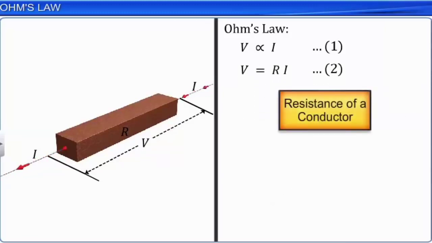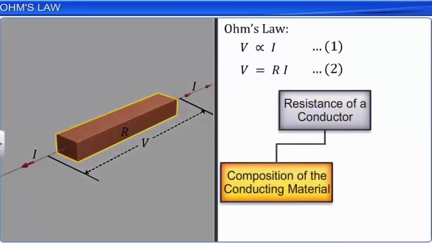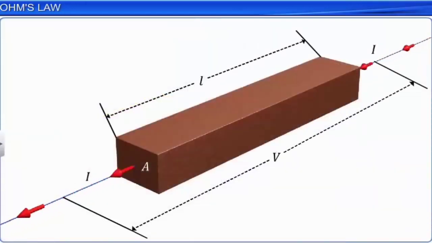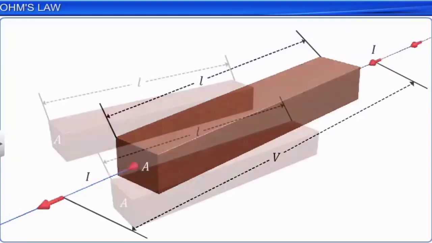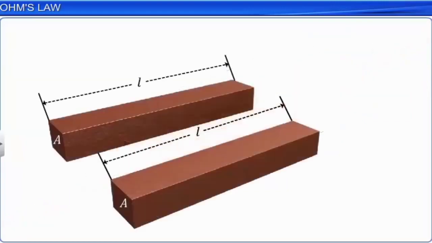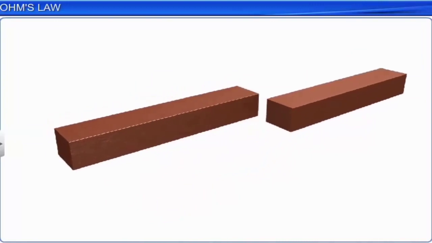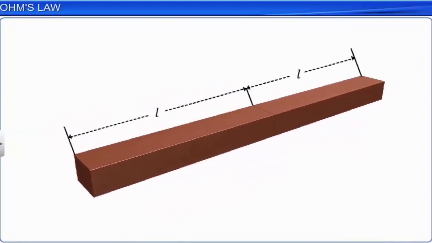The resistance R of a conductor depends on the composition of the conducting material and the dimensions of the conductor. To understand how the dimensions of a conductor affect its resistance, let us conduct two simple activities. Let's take two identical conductors of length L and cross-sectional area A. Place them side by side such that their ends touch each other, so that the length of the combination is 2L.